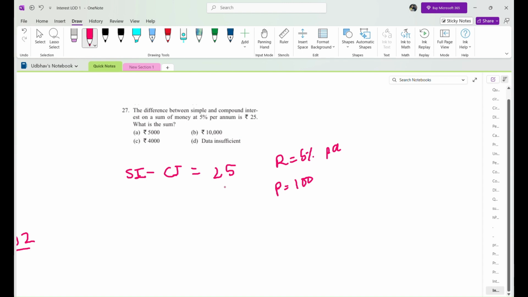We are not given how many years it is, so we cannot find it. We don't know what the time is, for 2 years, 1 year, or 3 years. Data insufficient.